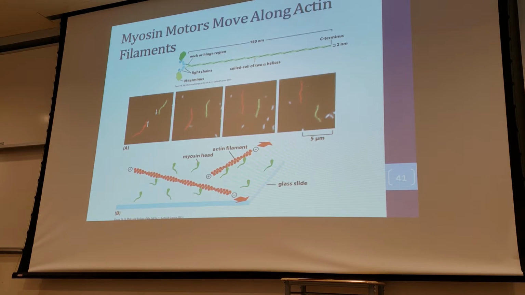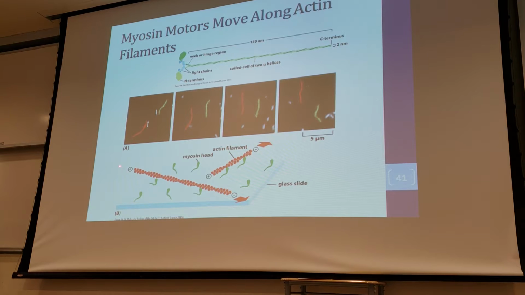And so this protein is going to crawl along actin by moving this head sequentially all the time. And that makes it crawl along the actin. And here they've done a nice experiment. So this is a glass slide. They've put on some myosins and stuck those tails to the glass, but the heads are free to move.